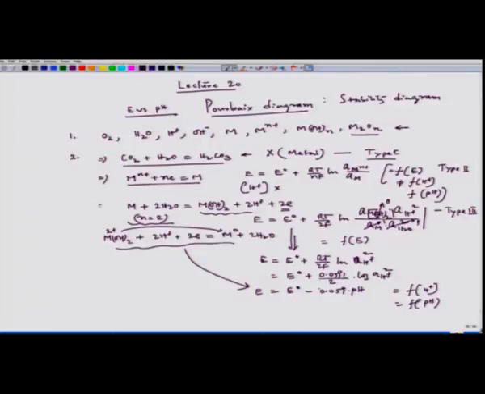Now, we have one more reaction that is also possible, where let us say this is 1, this is 2, this is 3. Now, we have one more, which is M2+ plus 2 H2O, it can go to M(OH)2 plus 2 H plus. So, this reaction we can also have, where you see that it does not involve any electron.